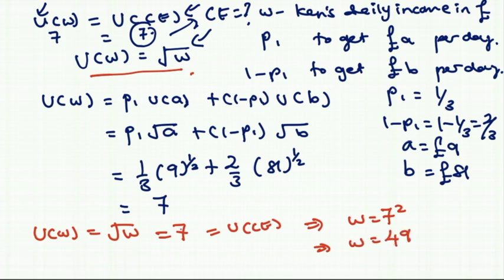So that means W here is equal to 49. Okay? So since U(W), the expected utility of gambling here is 7 and equals the utility of the certainty equivalent, which is 7 also, then the value of wealth must be 49. And this value of wealth is actually the CE that gives utility 7. Okay, is it clear?